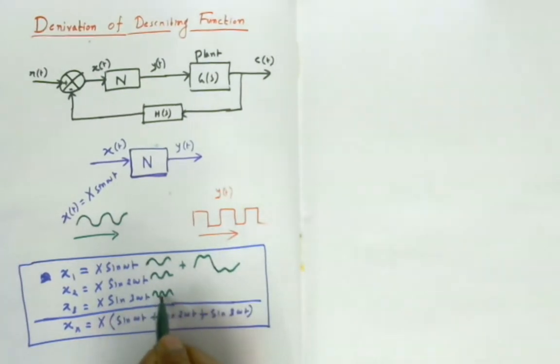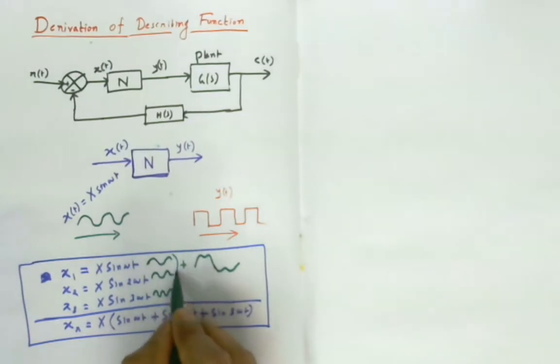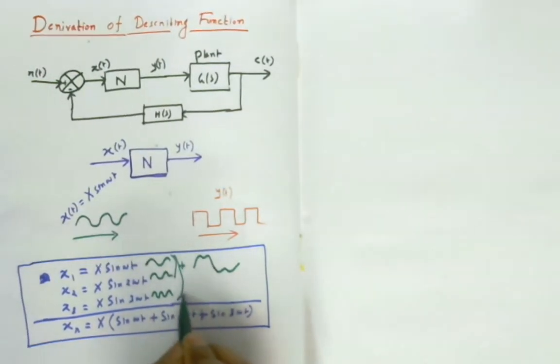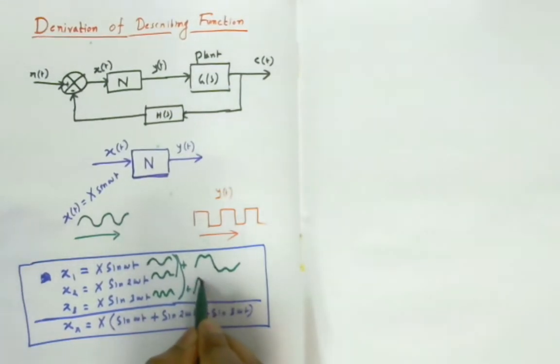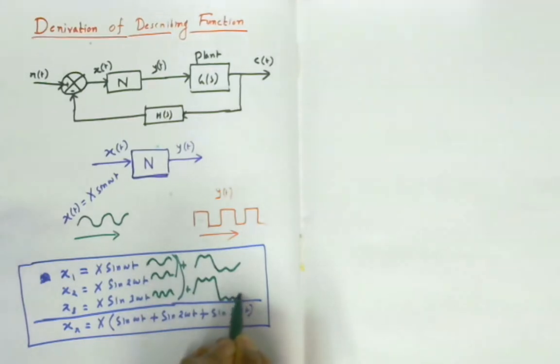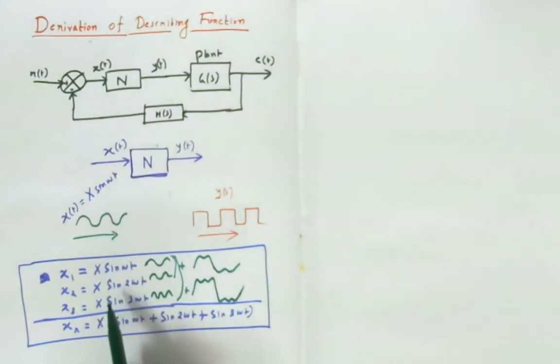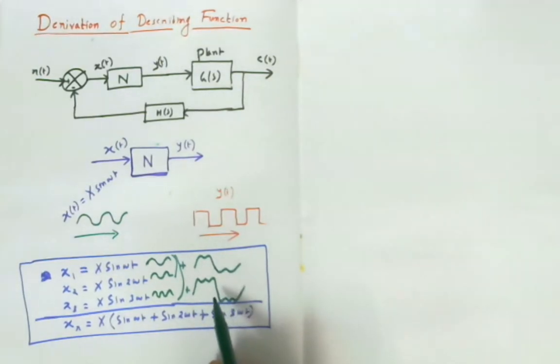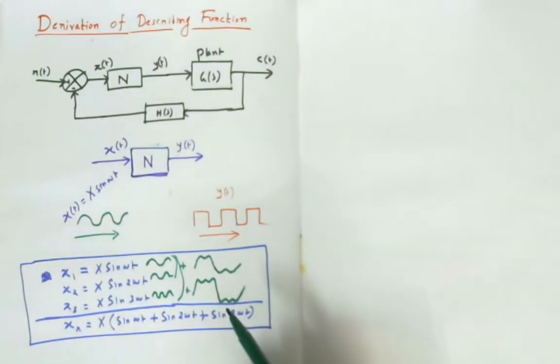If I add these three waveforms, this is what it looks like. So if you add more frequencies, there will be no more sinusoidal shape. It will look like a square wave type of shape.